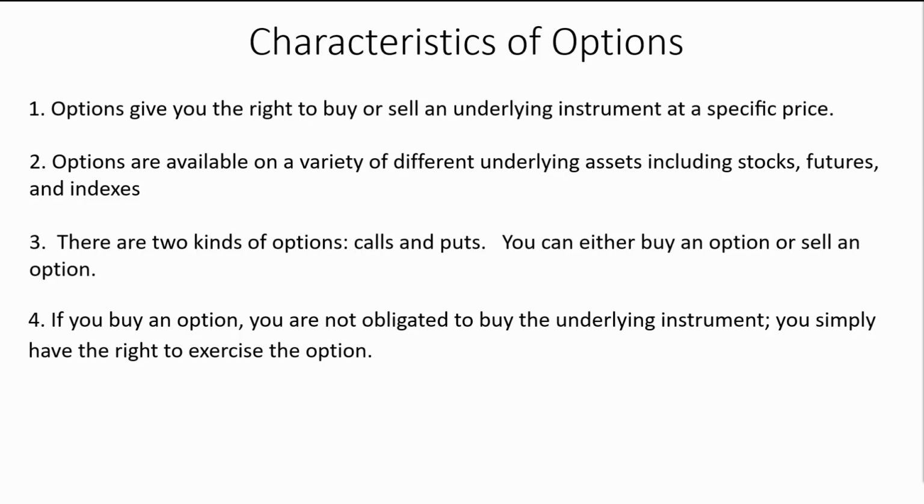You pay a premium for that right to buy that stock at that price on or before that day. So if that stock never reaches 105, you're probably not going to exercise your right to buy it. Now, if the stock goes to 110, you can buy it for 105, but that's what you pay the premium to do. But as a buyer, you're not obligated to exercise, even if your option's in the money. It's strictly up to you.